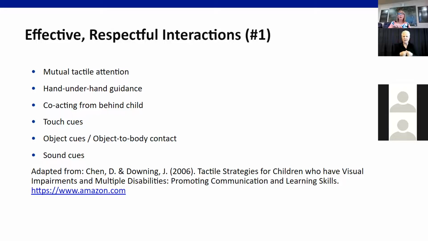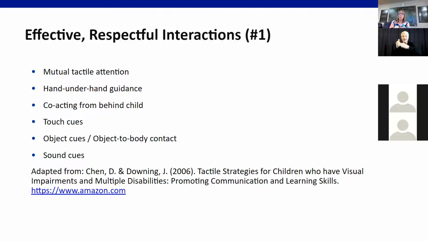So hand underhand guidance, where instead of taking a child's hand and guiding it towards something, we are simply taking our hand underneath their hand, and we can show them things. We could do simple nursery rhyme hand play things with it. We can help them to kind of reach. It can be hand under arm, hand under forearm, hand under hand, whatever.